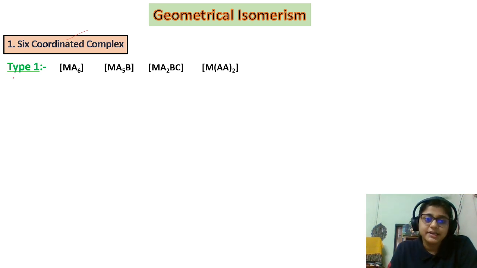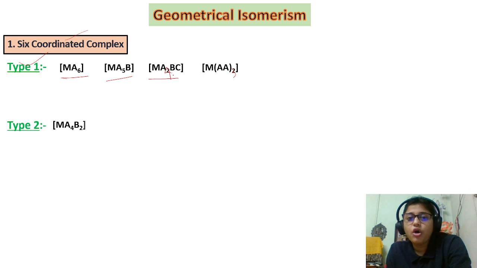Type 1 is there, where Ma6, Ma5b, Ma4b2, these all will be.